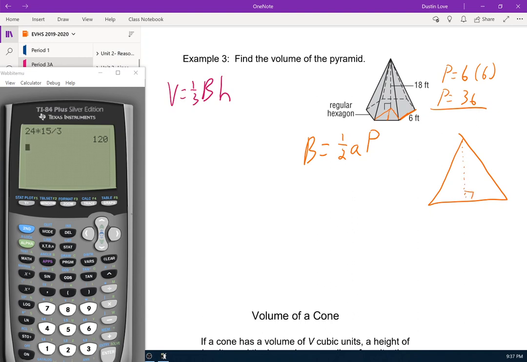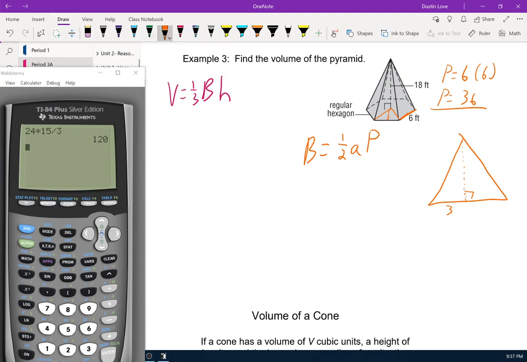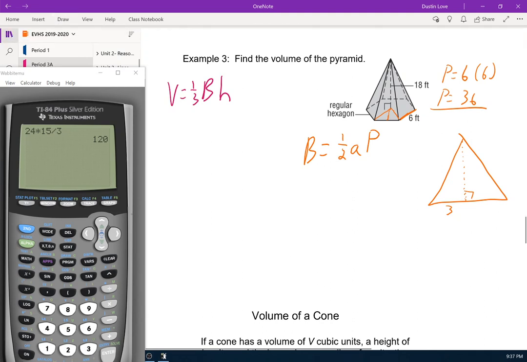I know that the full length is 6, but the apothem has the midpoint, so each of these is 3. Now, on a hexagon, the full circle around that central point is 360 degrees, but there's 6 of them. 360 divided by 6 is a 60-degree angle.